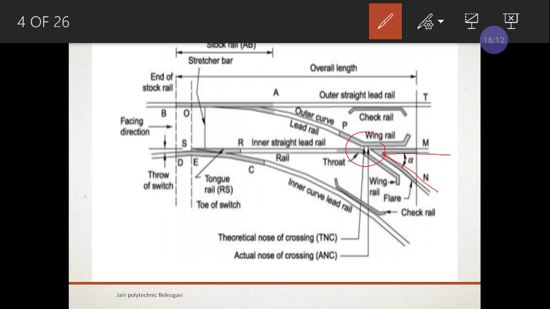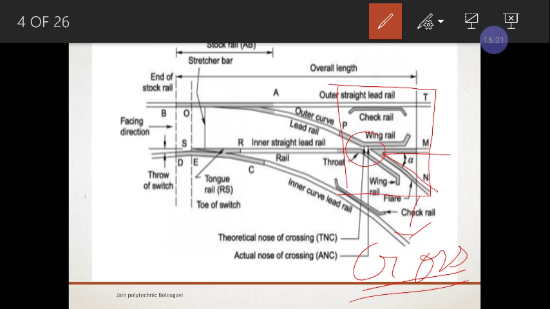Right, so this portion, where the arrangement is made so that there are no obstructions for the movement of the train, that is called the crossing.